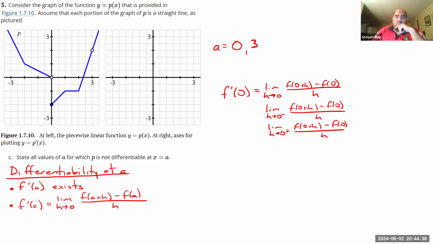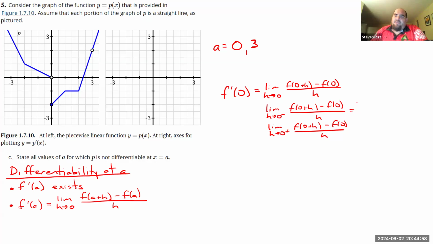So f of 0 is going to be -2. But as I approach from the left, I'm going to be approaching 0. As I approach from the right, I'm going to be approaching -2.